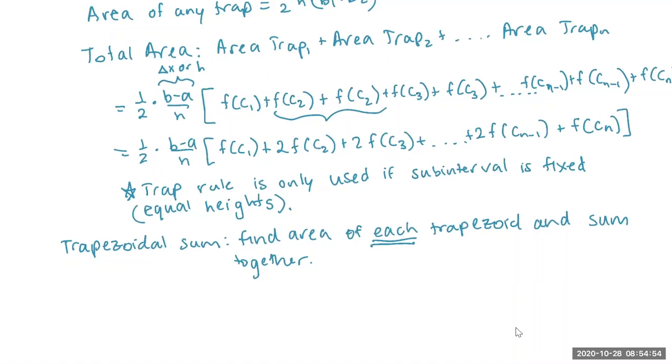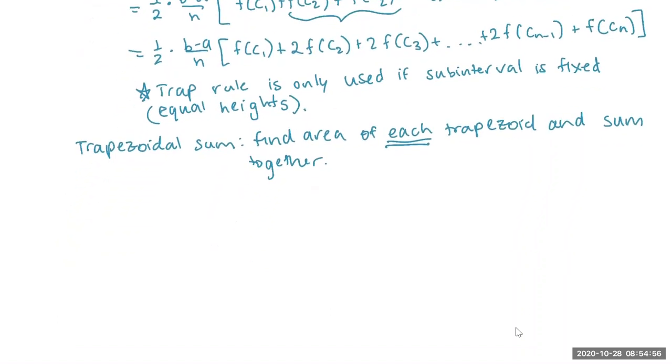Okay, so I'm going to do one similar to the ones you have on your homework assignment, where you can use the trapezoidal rule. So example 1: if they didn't say use the trap rule, you would be able to figure it out from the wording, where if they say equal subintervals, you would know, okay, if it's equal subintervals, it's equal heights, so therefore I can use the trap rule.